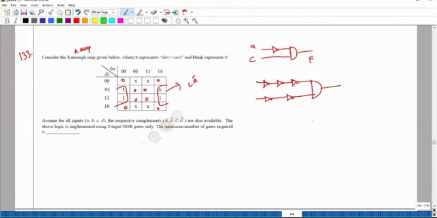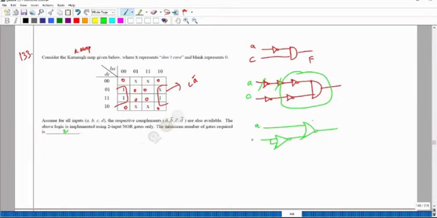So this is one NOR gate and there is no use of these two. So minimum you require two NOR gates to perform, because this is AC, this is one NOR gate and this is another NOR gate. This NOR gate I can replace like this. Okay.